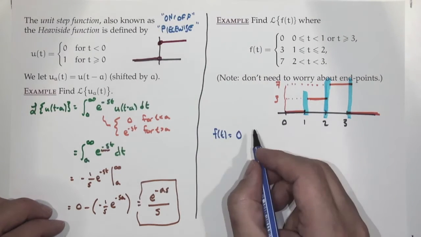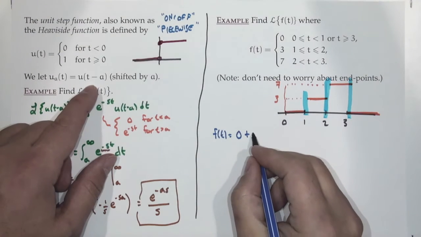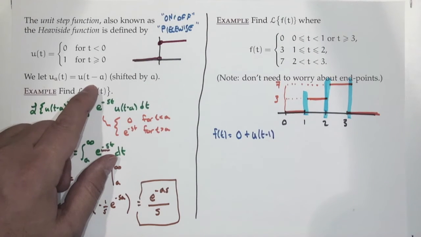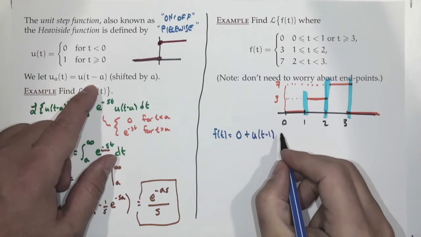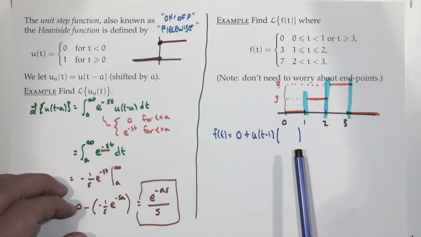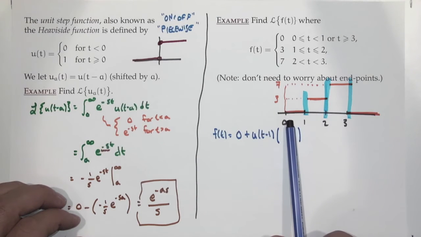Okay, then we're going to add. Now, we have a transition at 1. So that says we turned our switch on and off at 1. That introduces a u of t minus 1. That just says we're doing a change in behavior. And now the question is, what change in behavior? The way to figure it out is you say, what's the new behavior? Subtract the old behavior.